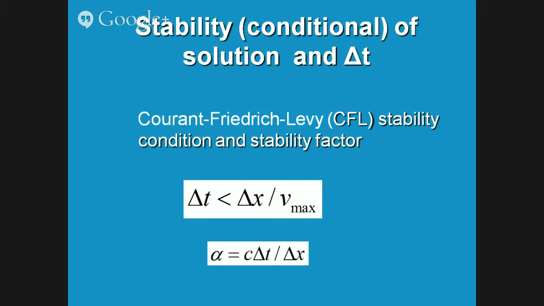There is a theorem about this, which we call the CFL stability condition, not the compact fluorescent lamp. CFL stands for Courant-Friedrichs-Lewy, and that is the stability condition: the time step delta T should be less than delta X divided by Vmax. This means your grid should be causally connected.